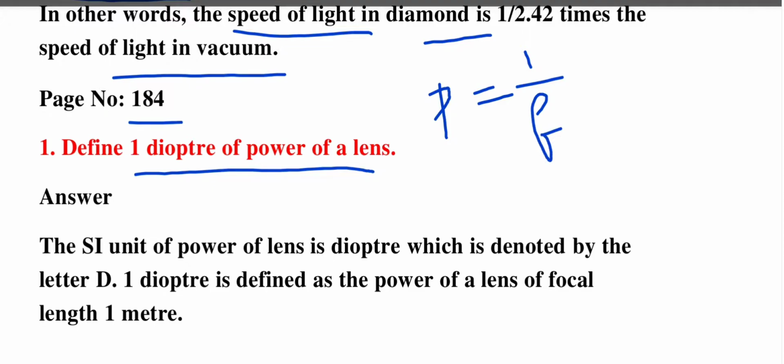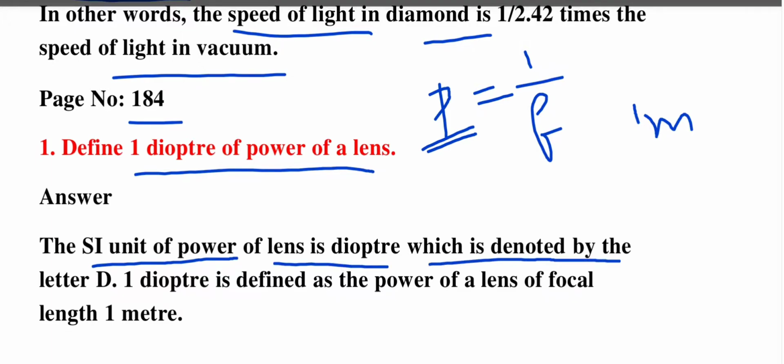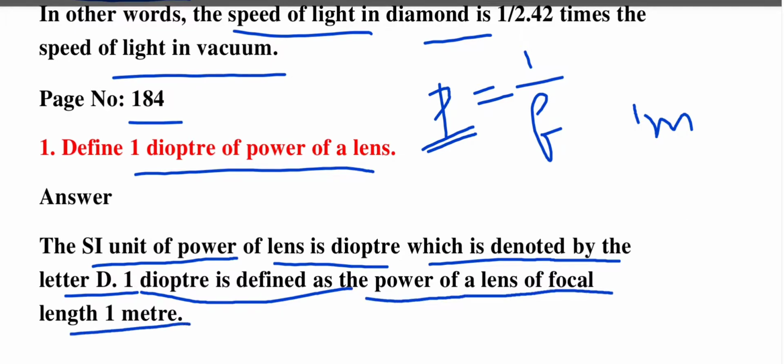If focal length is 1 meter, then we say the power of lens is 1 diopter. The SI unit of power of lens is diopter, denoted by the letter D. One diopter is defined as the power of a lens of focal length 1 meter.